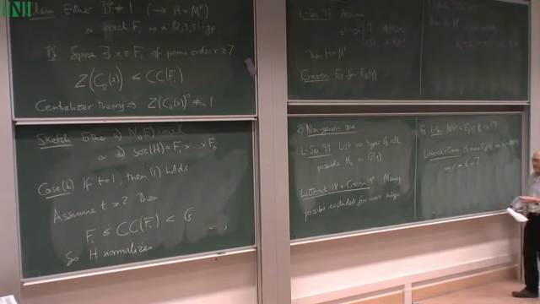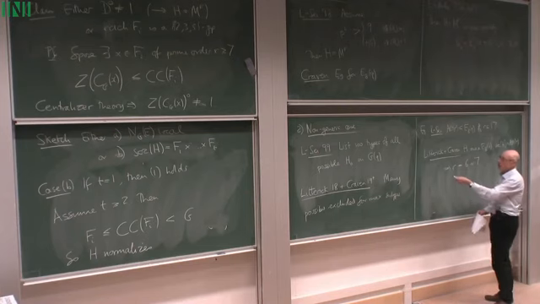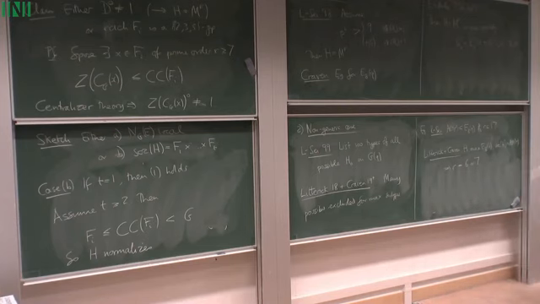So let me finally summarize the groups for which everything is known, or practically everything. As I said, it's pretty much all the groups except for E7 and E8.